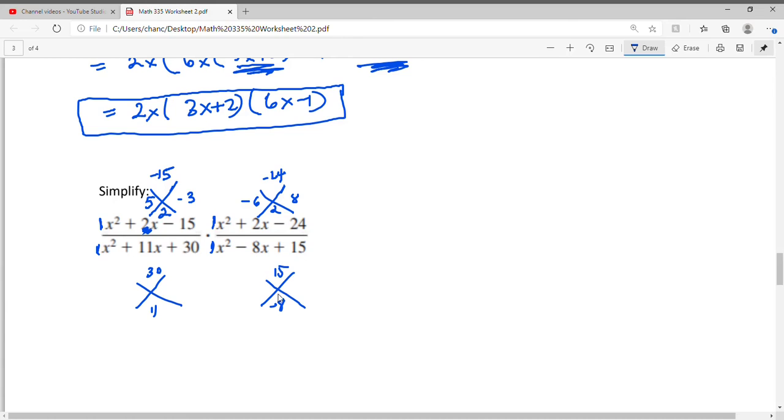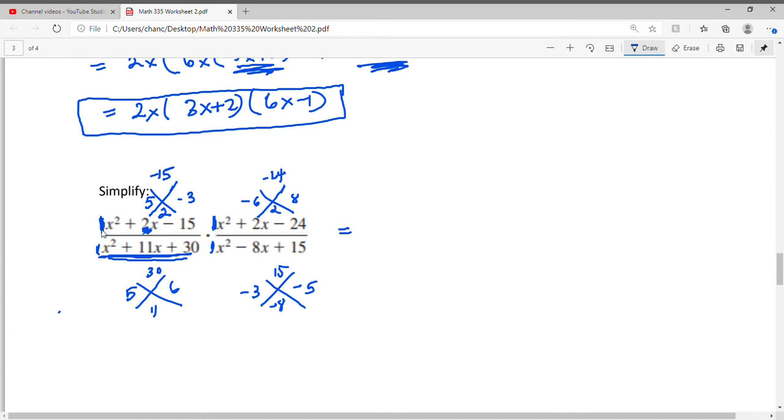For this one on the right, we have 3 and 5. They both have to be negative to get a positive 15 and add up to negative 8. And for the bottom left, the numbers are 5 and 6. That's how we produce 30 and add up to get 11. So let's try to factor this out.